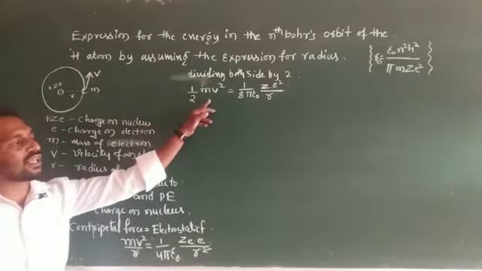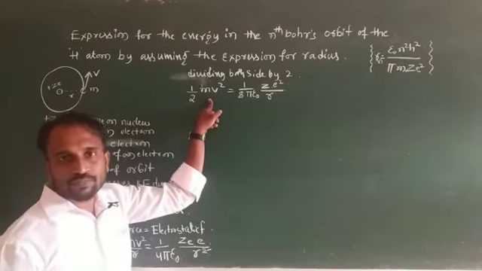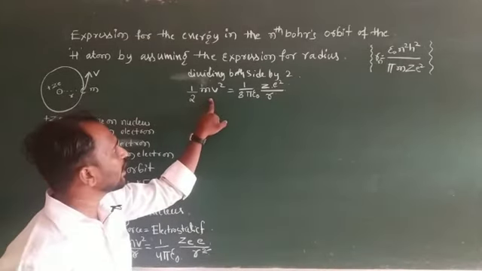So half m v square is nothing but the kinetic energy.